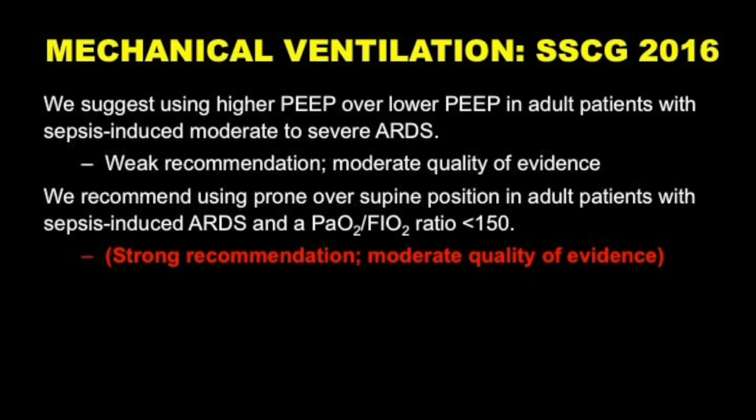I said I wasn't going to go too much into critical care aspects of this. But this is a really good example of how intervening with mechanical ventilation and actually following these guidelines, using a higher PEEP for sepsis-induced moderate to severe ARDS, prone positioning, and so on.